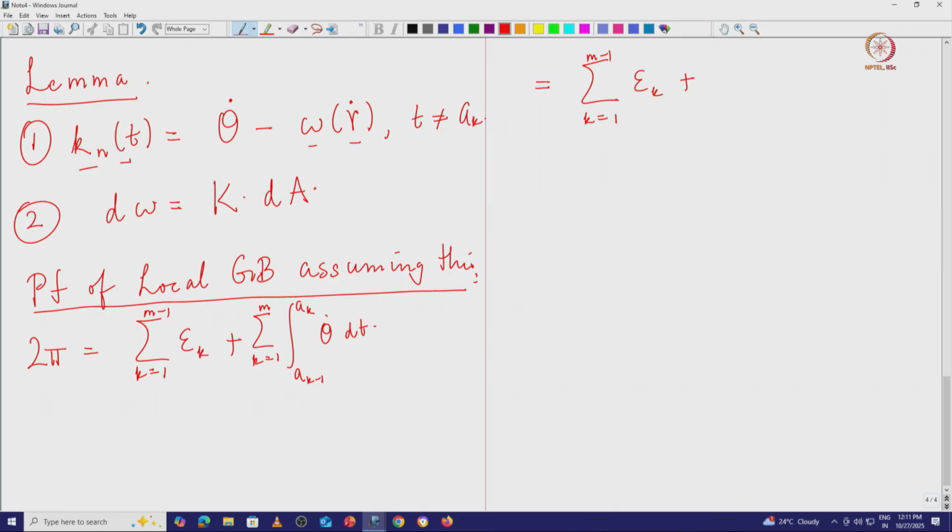So I am not going to keep writing this, I am just going to denote the entire sum as basically an integral on the boundary of omega. So on the boundary of omega you basically integrate this. It is of course understood that you only integrate on the smooth parts, plus the integral of omega of gamma dot dt.